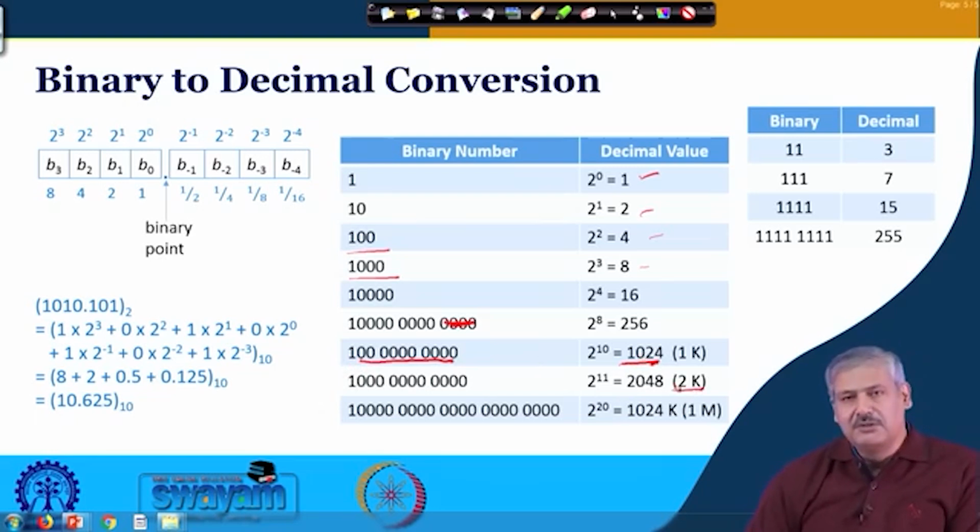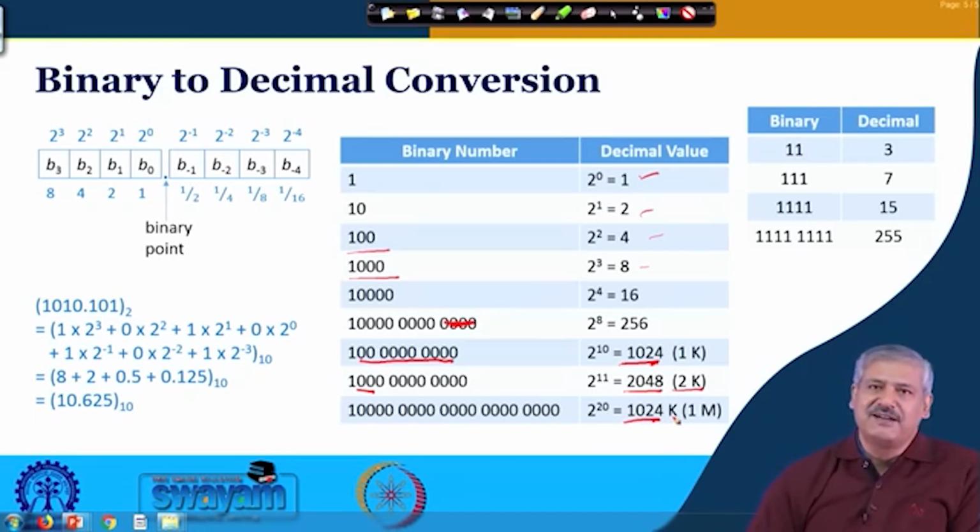So 2K represents 2 to the power 11, that is 2048. And 2 to the power 20 is 1024 kilo, that is 1 mega.